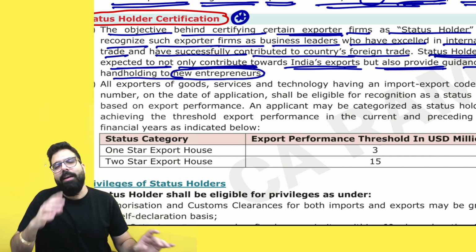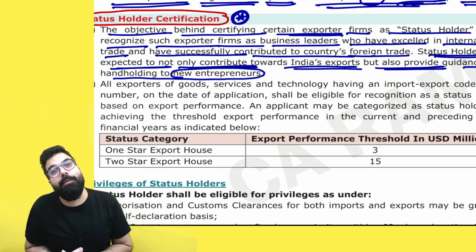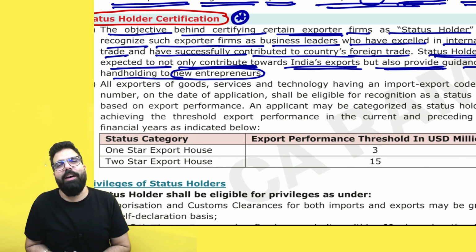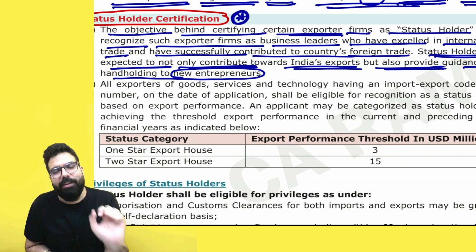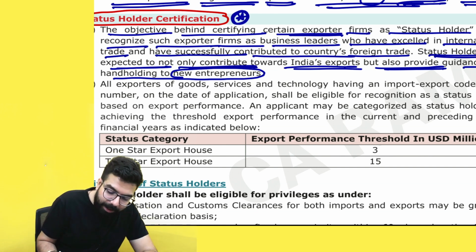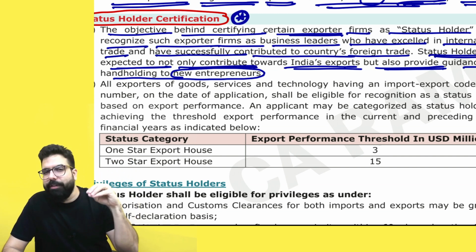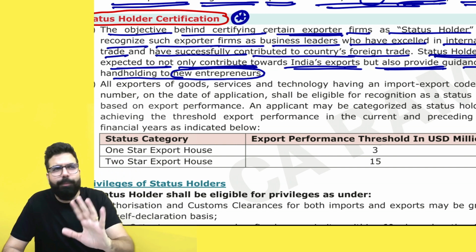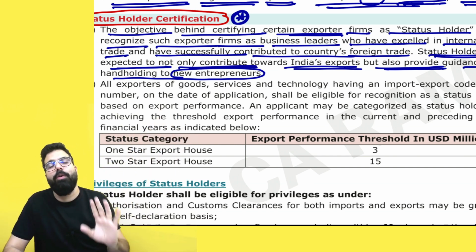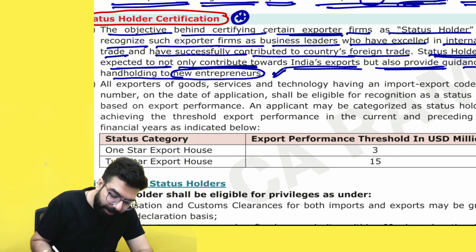They are telling that whoever are the status holders have to provide training to some new exporters, so that those exporters also learn how to export. So export houses given status holder recognition are not only expected to export, they are also expected to help new entrepreneurs.